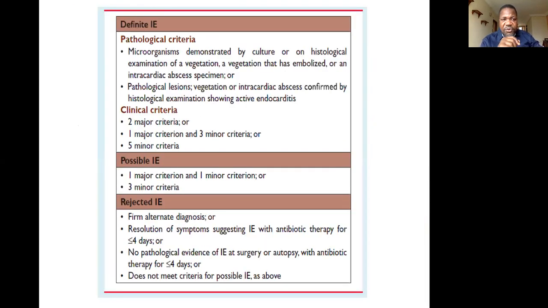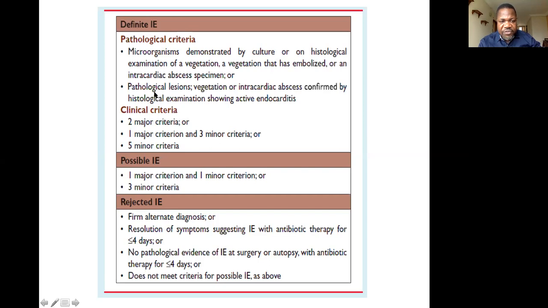Okay, so you definitely make the diagnosis of infective endocarditis if you have a combination of pathological criteria and clinical criteria. So pathological criteria: you have microorganisms demonstrated by culture, or you have pathological lesions, like vegetation that you find in echocardiogram.